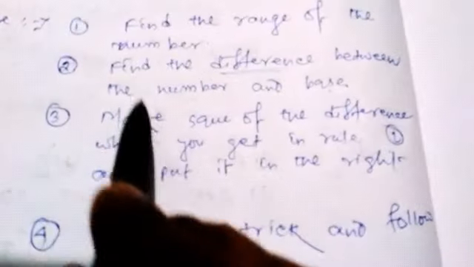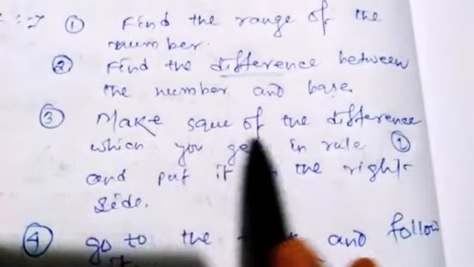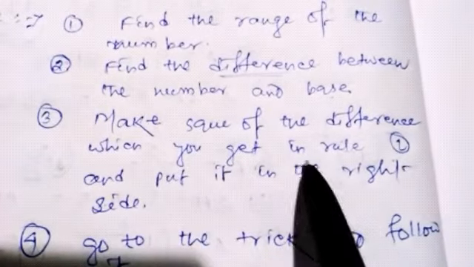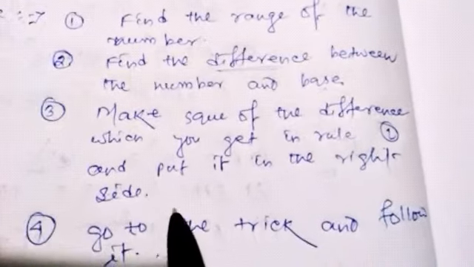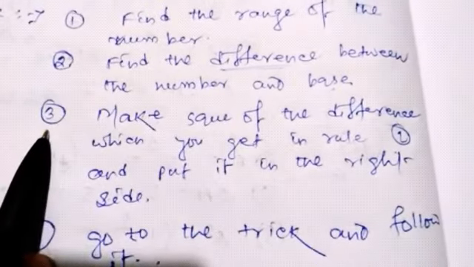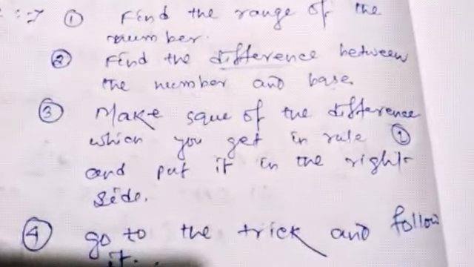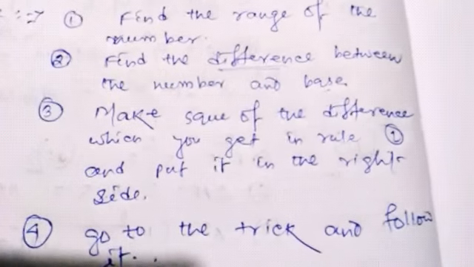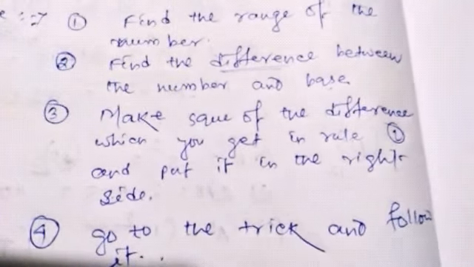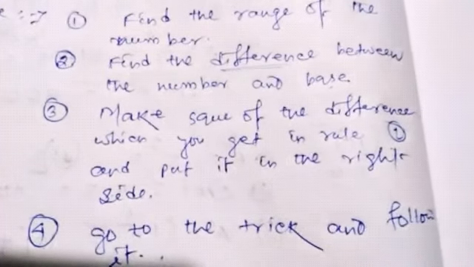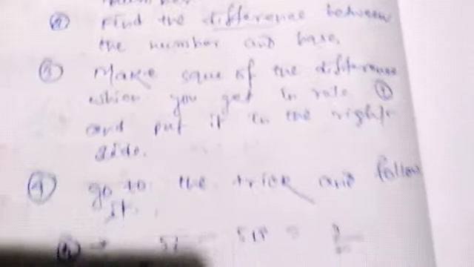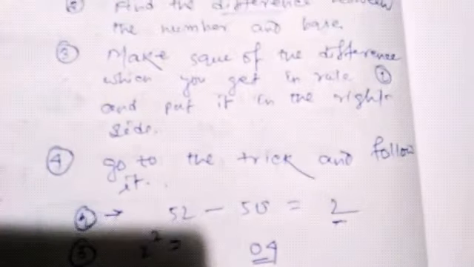Third rule is to make the square of the difference which you get in rule 2 and put it on the right side. According to rule 3, we have got the difference 2. So 2 square will be 04. Always take 2 digits. Okay, 04.